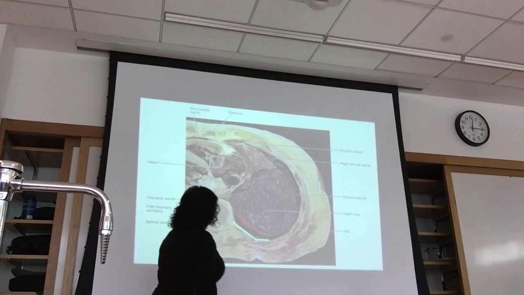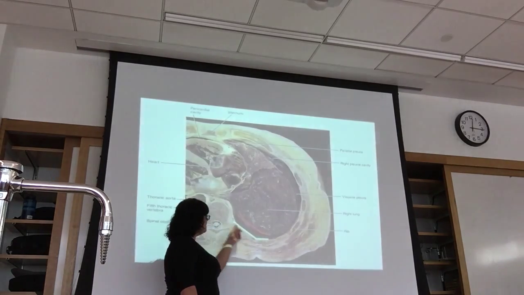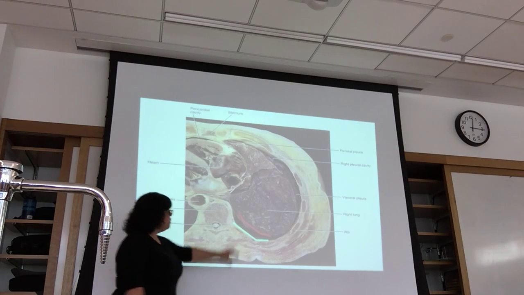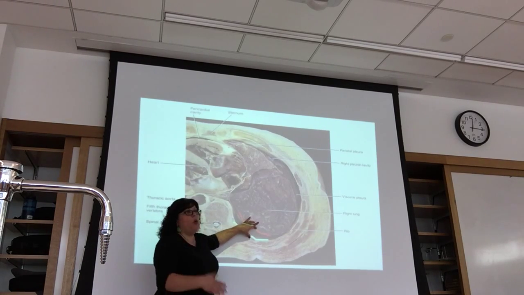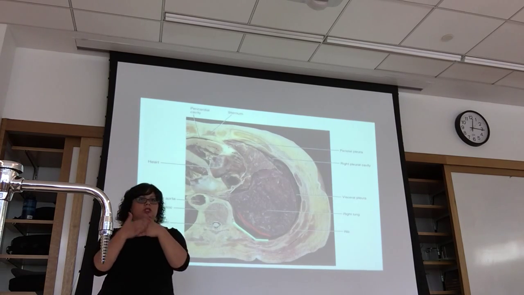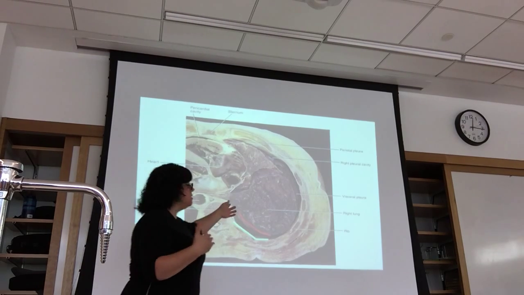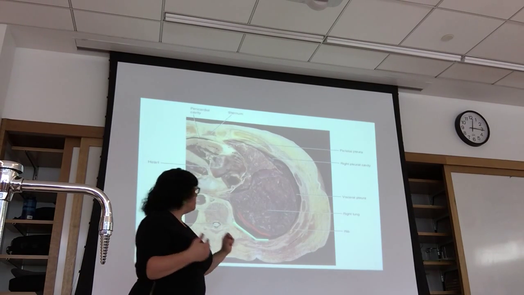Good. That's good. So notice how I colored these in, this red line and this kind of green colored line. Both of these are the borders of the serous membrane, but one of them is close to the organ, actually wrapping around the organ, the lungs in this case. That's the red line.